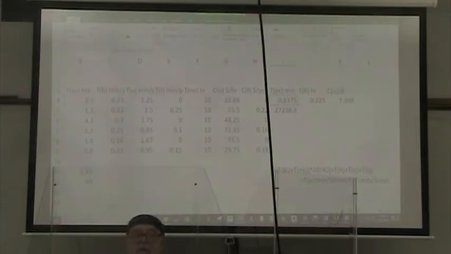Let's see. Here we've got to divide by 40, and here we do not divide by 60.